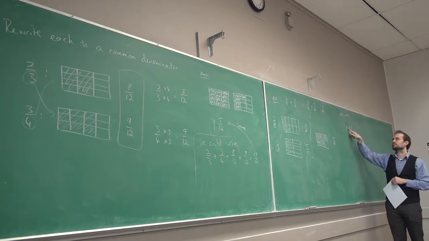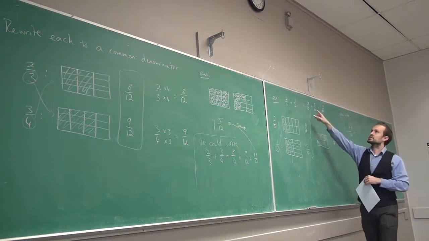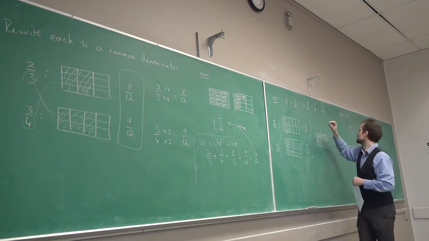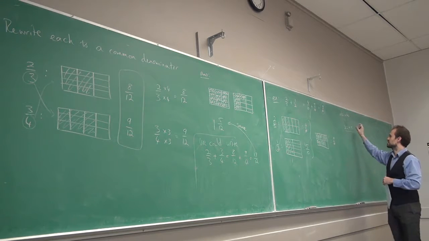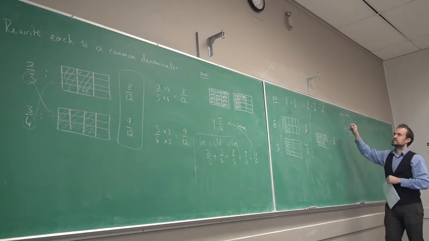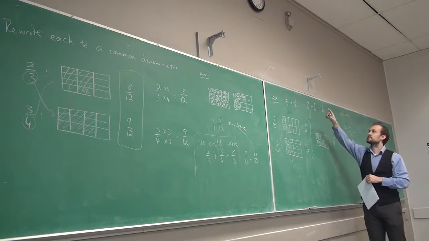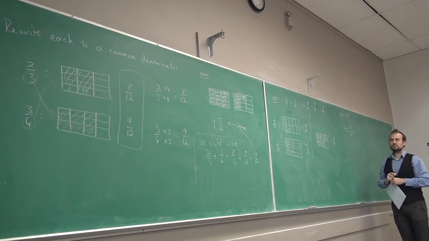Where does this 4 come from? It was this 2 times that 2. Because they're both 2, just keep track of them. Where does the 5 come from? It was the 1 times the 5.